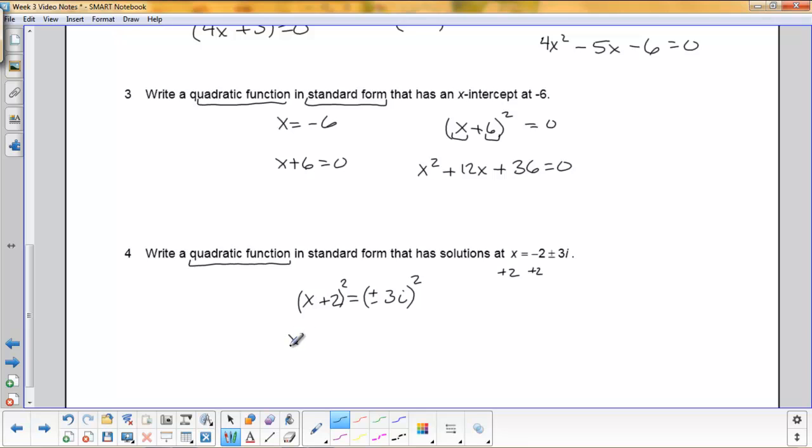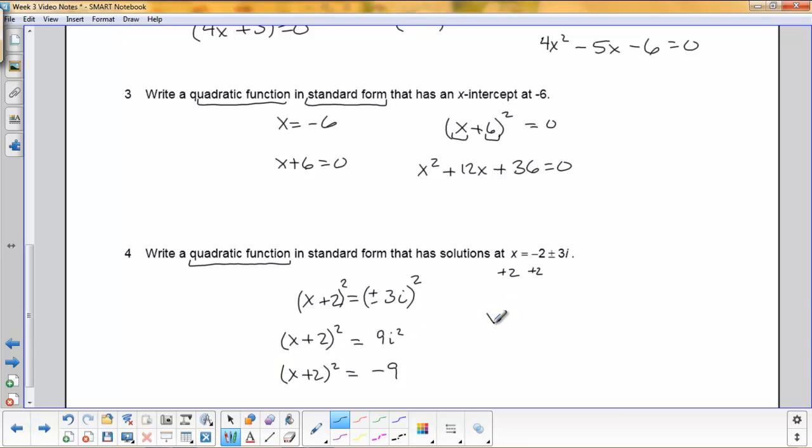So now it's going to be x plus 2 quantity squared equals 3 squared, which is 9, times i squared, which is -1, and now I get x plus 2 quantity squared equals negative 9. At the same time, I'm going to move these numbers and multiply out that perfect square trinomial.